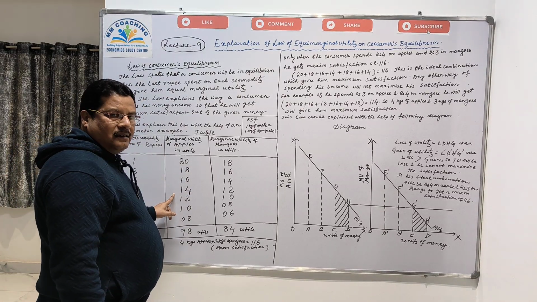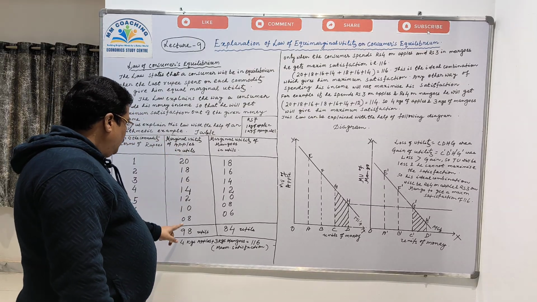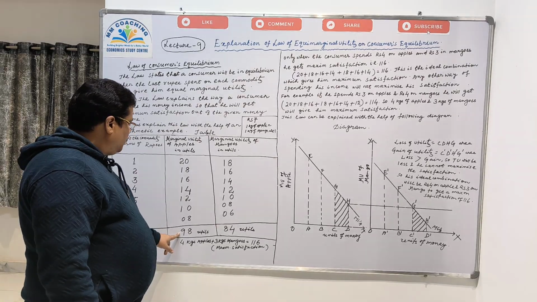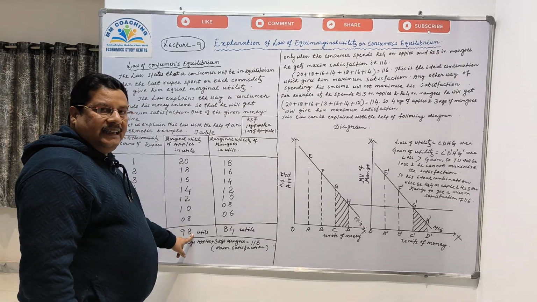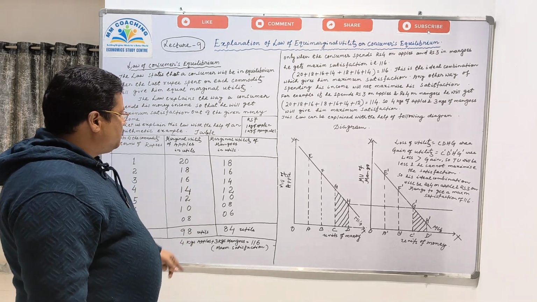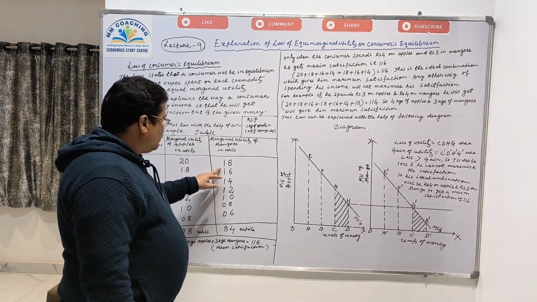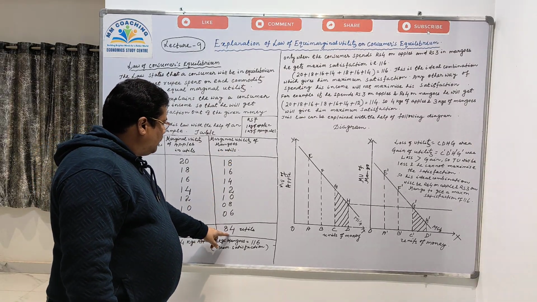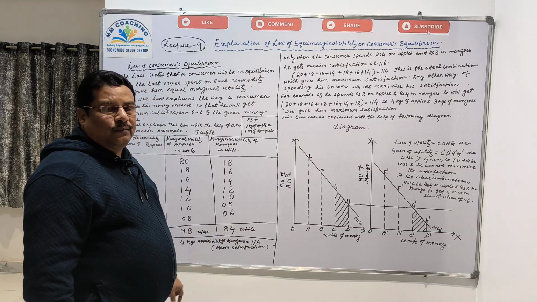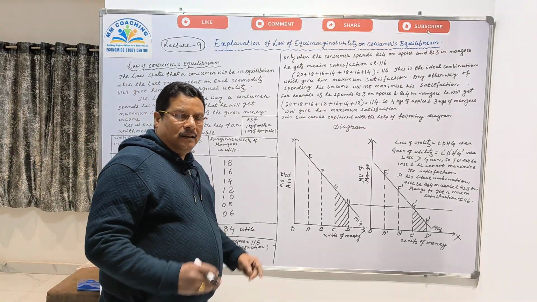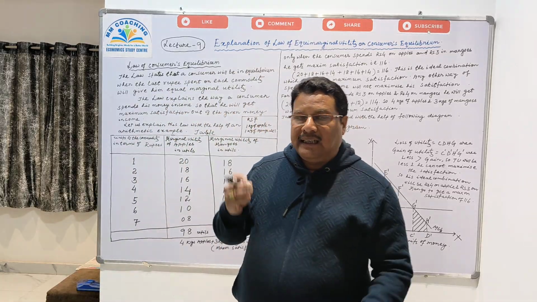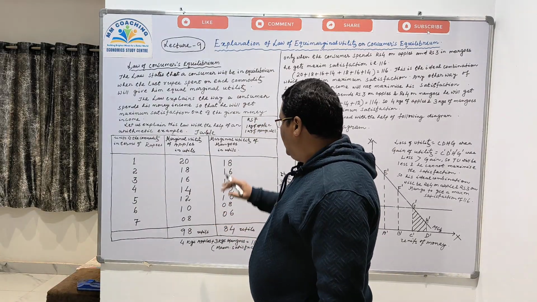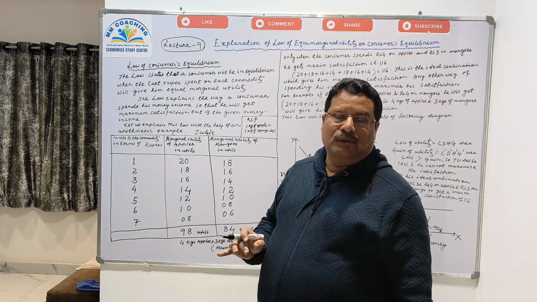When he spends 7 rupees on apples, his total utility or satisfaction becomes 98. If he spends all the 7 rupees on mangoes, total utility becomes how much? 84.